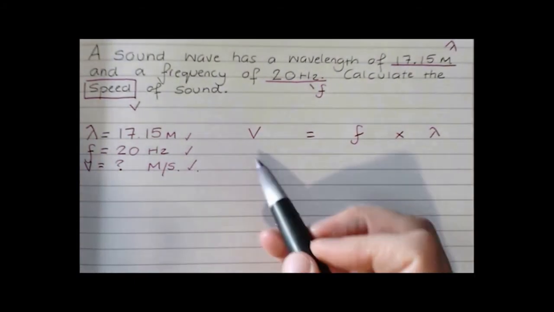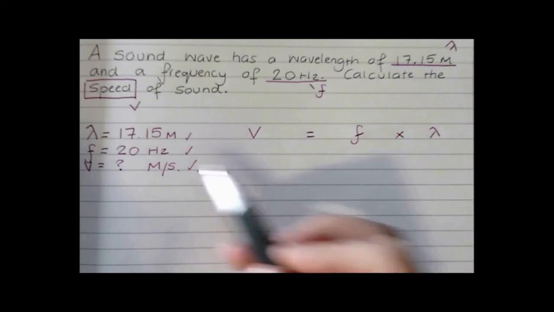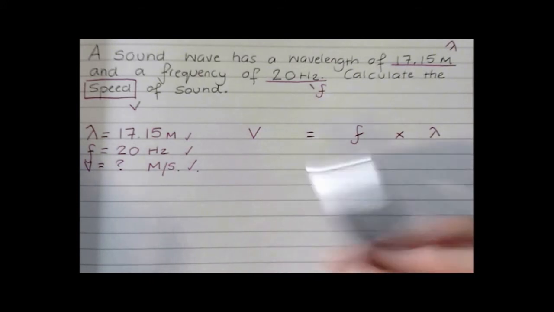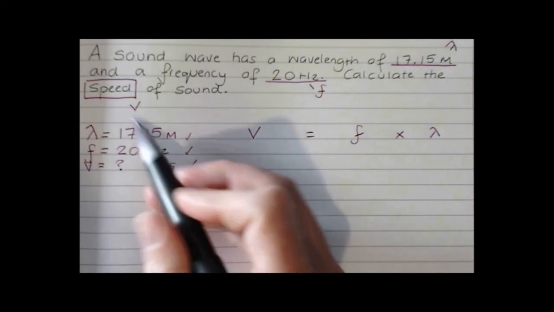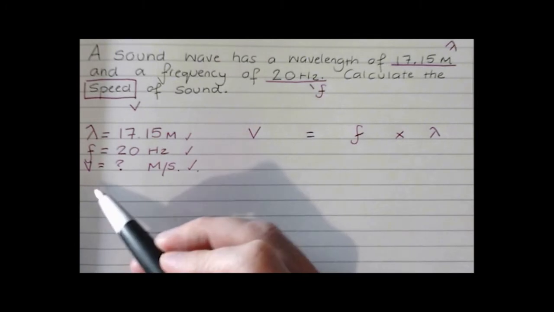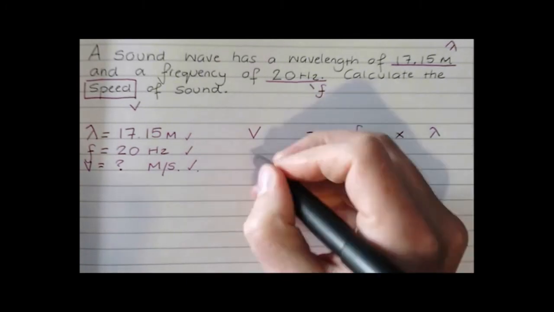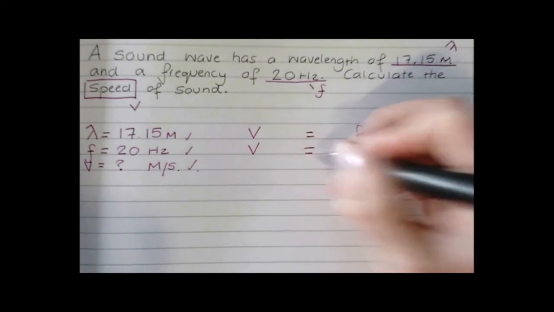Now, once we've got our equation, we're going to substitute our values straight into there. So rather than having v, we go down to here and we see what v is. Well, v is currently a question mark. We could put a question mark, but it's easier to keep it as v. Follow down, equal sign.